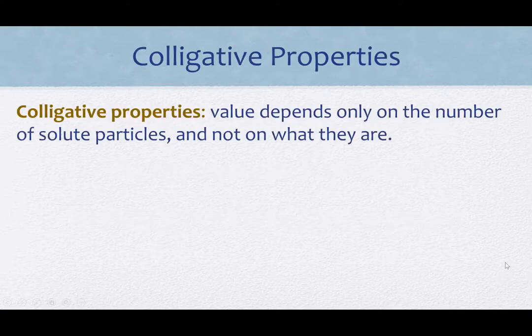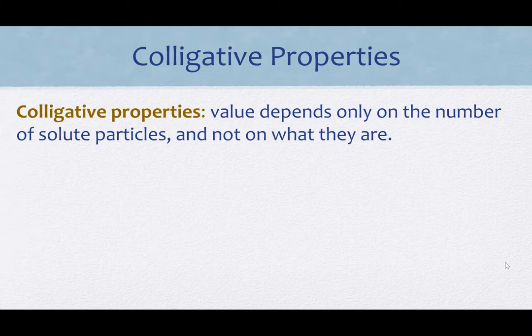So a colligative property is a value that depends on the number of solute particles, not what they are. What we're going to look at with colligative properties is how properties of a solution versus properties of a pure solvent change.